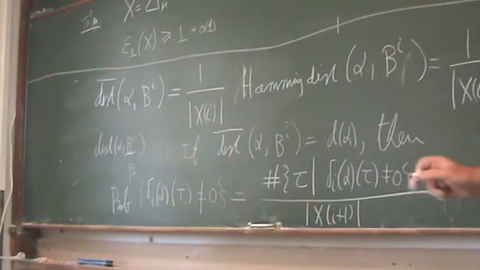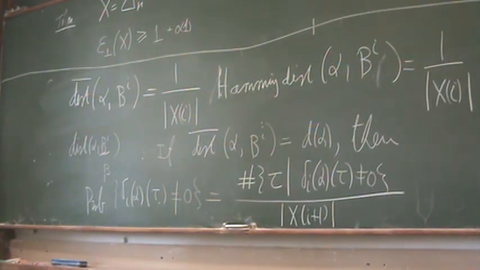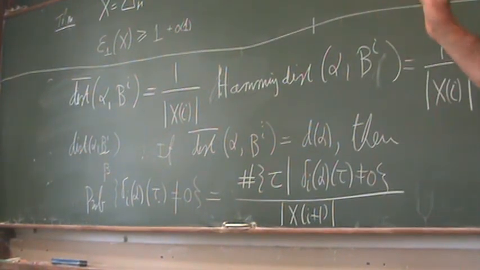Now, what is the name of this number? You're taking tau with weight, not uniformly? Your probability of choosing tau, you're taking them by weights, your algorithm. I assume that all the tau have the same weight.